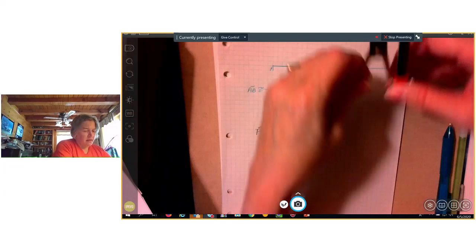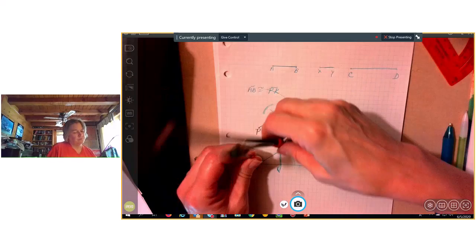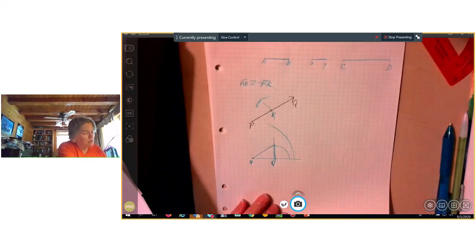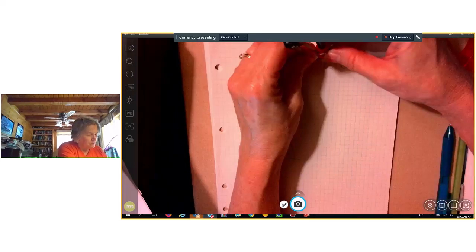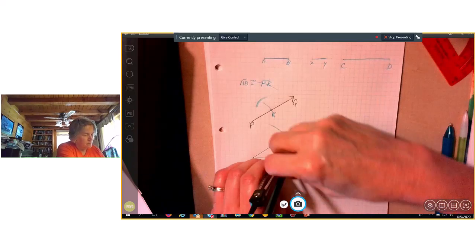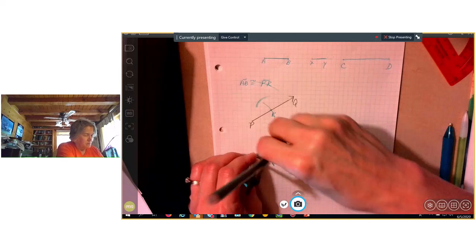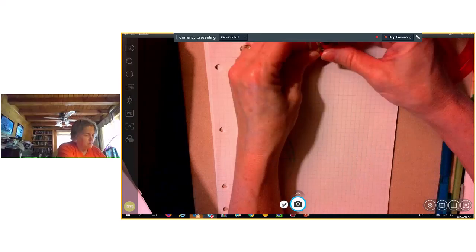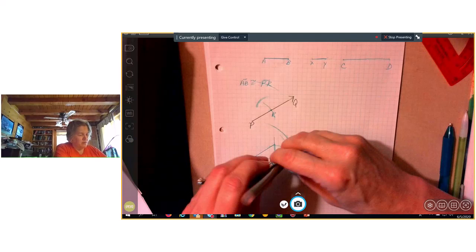So this CD line is not the same measurement. It should be out there. I should have measured this one. Sorry guys, this is my favorite part of the class and I'm goofing it up for you.